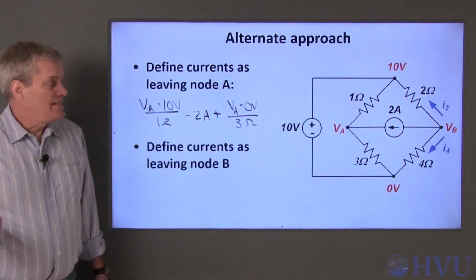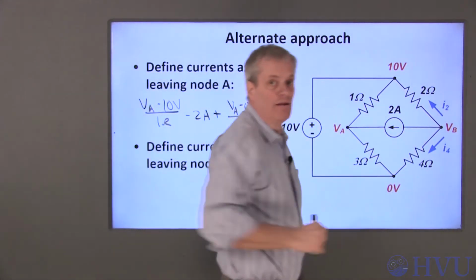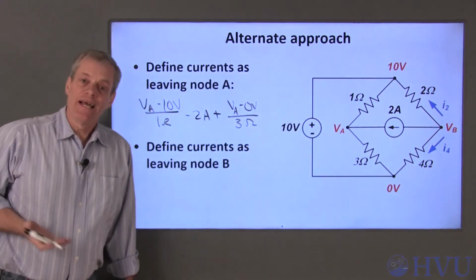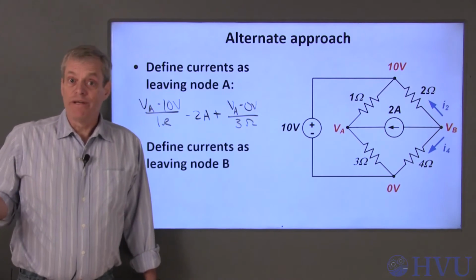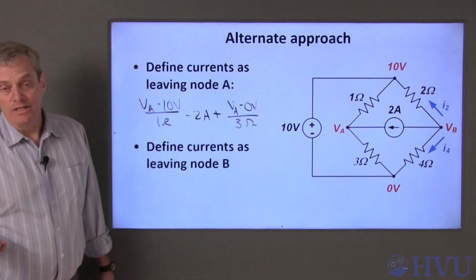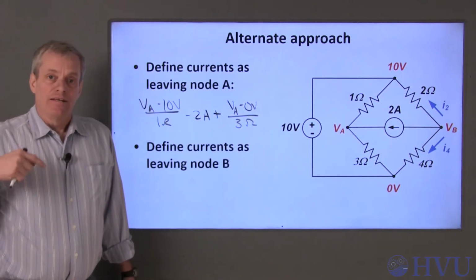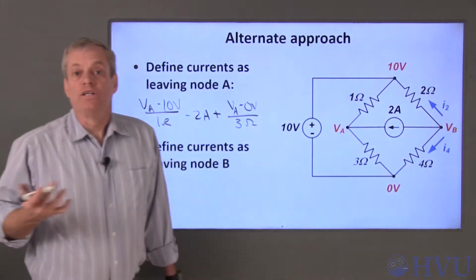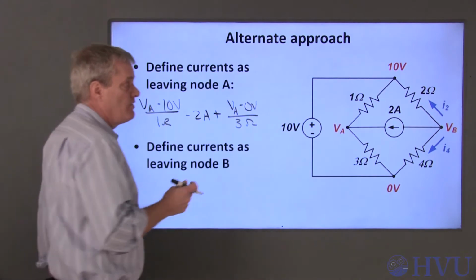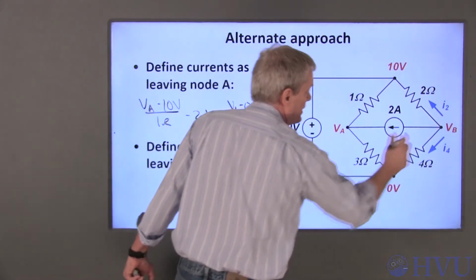Now, when I do KCL at node B, I'm not going to worry about what sign conventions I used at node A. Remember that I get to choose my sign convention independently at each node. So I'll again assume that any unknown currents, I2 and I4, are leaving node B. When I do this, I get I2 is positive.